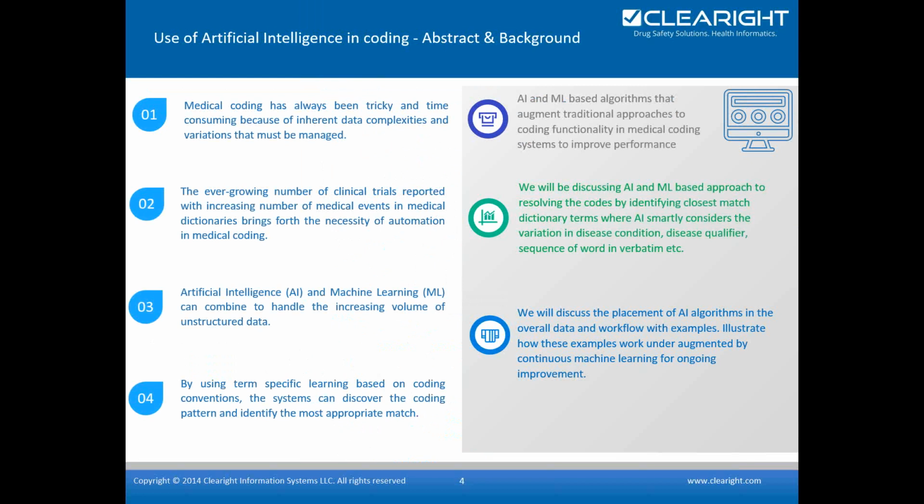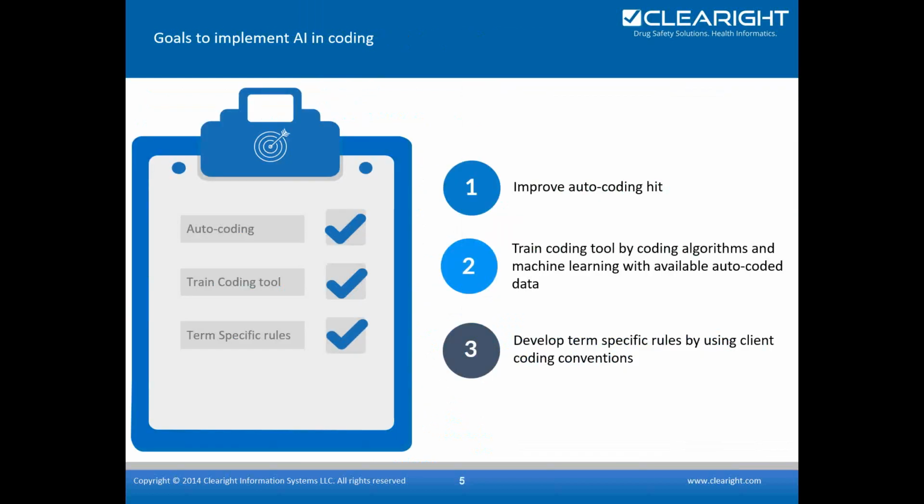The system can discover the coding pattern and identify the most appropriate match from the dictionary by using term-specific learning on the coding convention. This methodology enhances the coder capacity, resolution time, and the coding consistency. It also improves the performance and the experience of the medical coder.